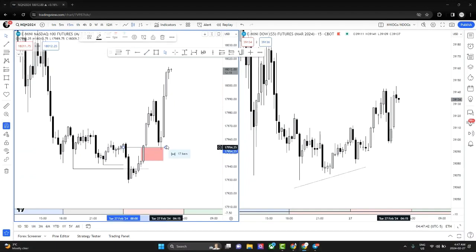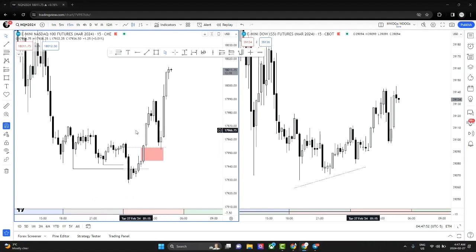And remember the setup that I taught you guys? This is literally it, but using different times and a different cycle. So as you guys can see, we had price trade below the true day open here, creating sequential SMT.